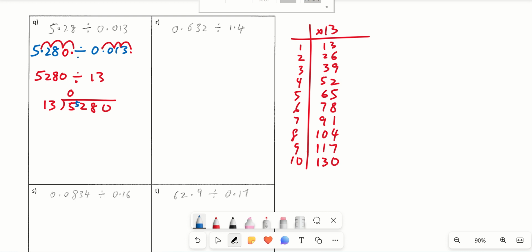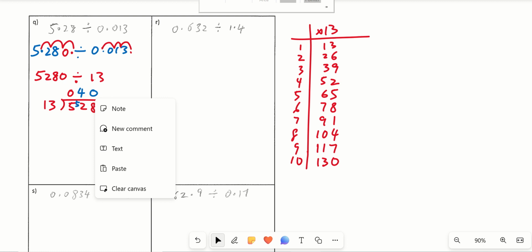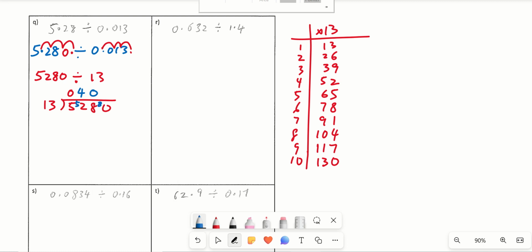So 13, as you can see from the times table, 13 times 4 gives you 52. So 4 goes in there. So there's no remainder. And then we ask ourselves, well, how many 13s go into 8? Well, that's 0. All right, so now we have a remainder of 8, which we transfer to the last column.